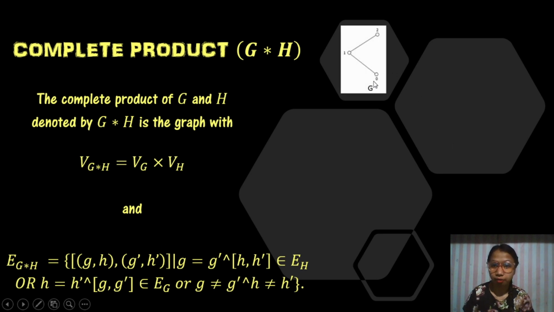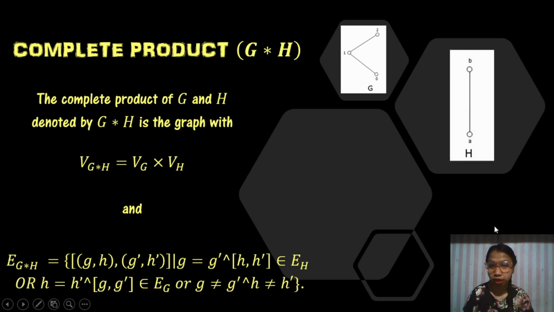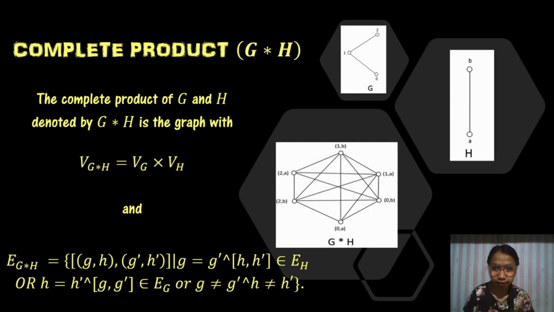So here we have graph G and graph H again. Their complete product looks like this. There are many edges resulting from applying complete product, as compared to the other two operations earlier.